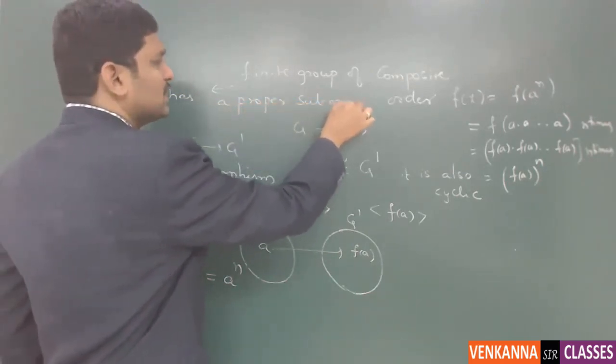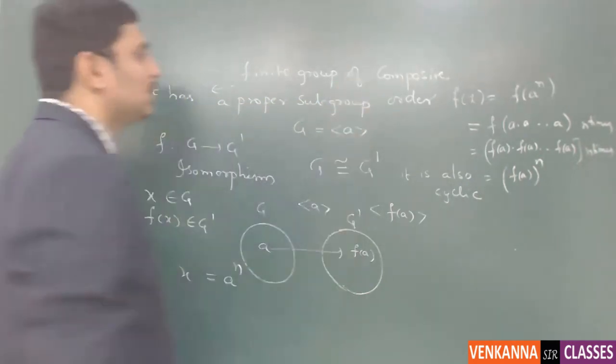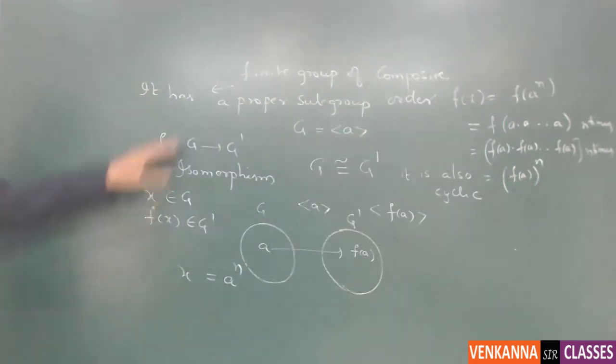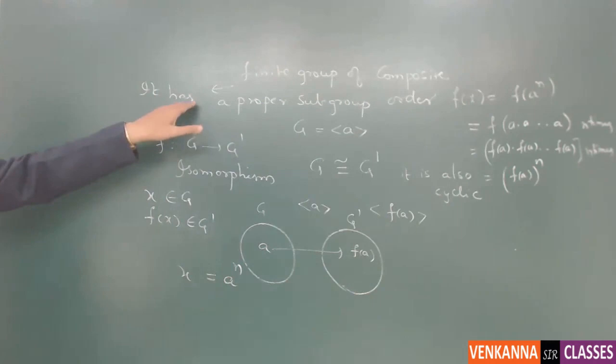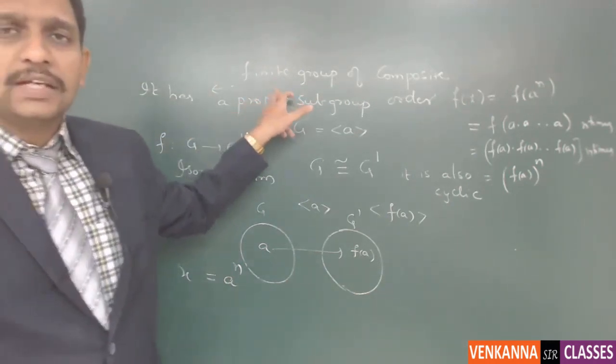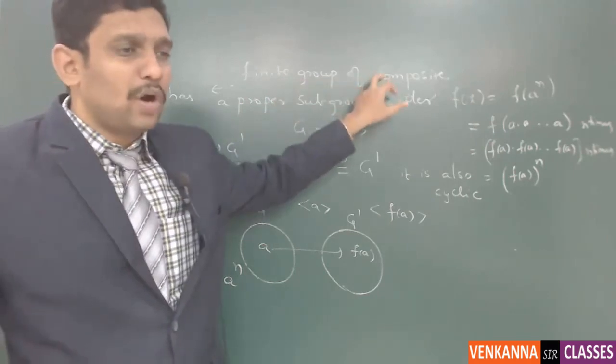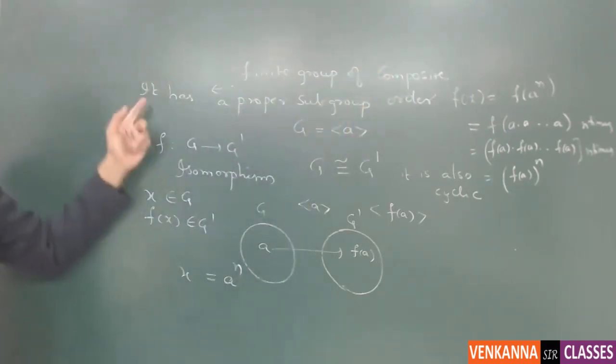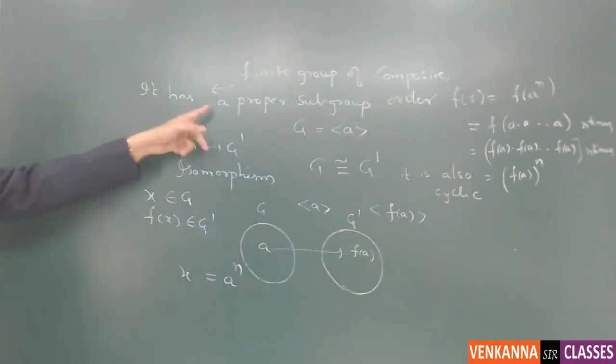The proof is not necessary here, but we are going to make use of this statement while proving other problems. So whenever you take a finite group of composite order, then it will possess a proper subgroup. You just take a note of this.